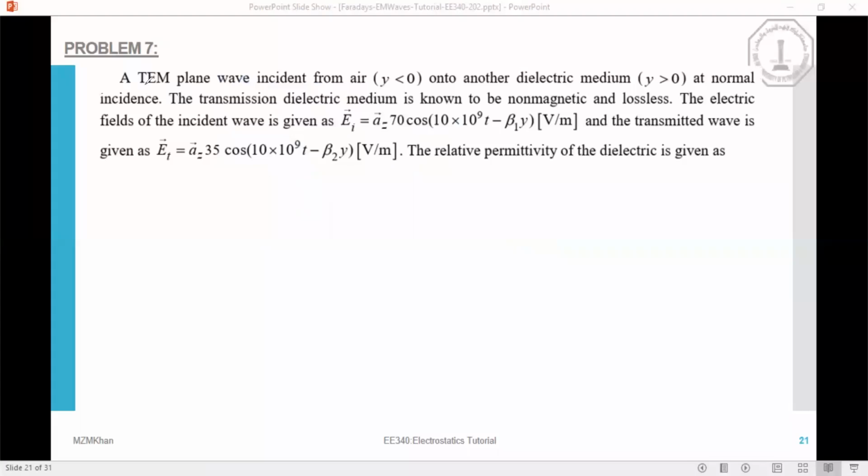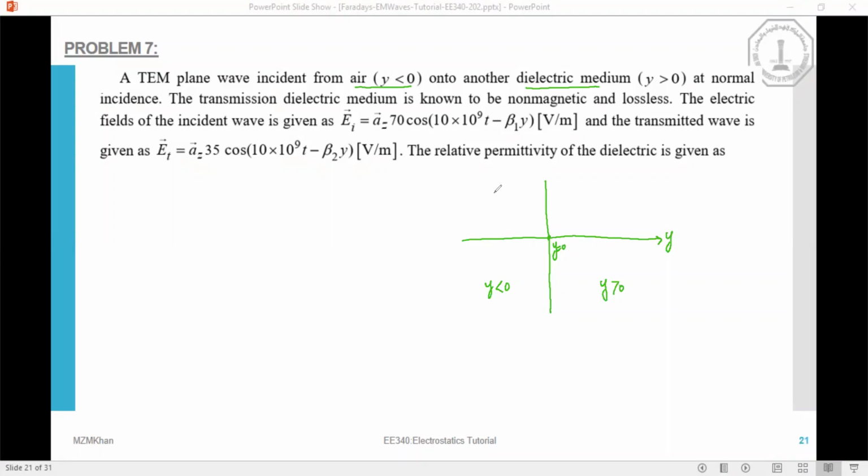The question is saying that you have a TEM plane wave, which is incident from air onto a dielectric medium. That is, y is less than 0 is air and y is greater than 0 is the dielectric medium. So this is my y equal to 0, this is my y less than 0, y greater than 0.